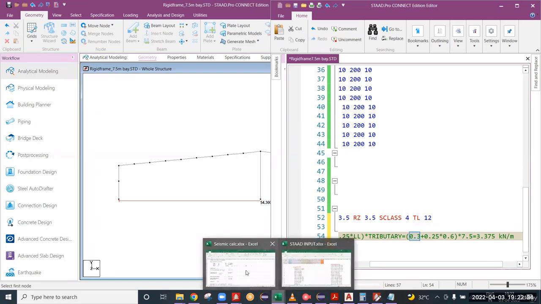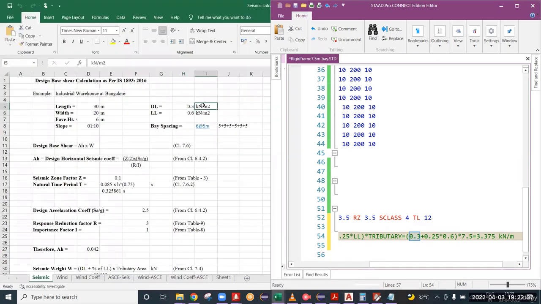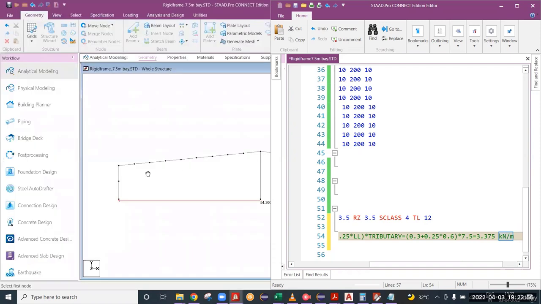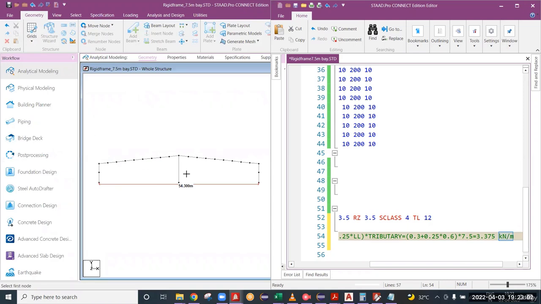Because we are not applying... actually what are the units for this? If you observe in our example, dead load is kilonewton per meter square, live load also kilonewton per meter square; these are areal loads. So kilonewton per meter square into tributary length, meter. What you got is a UDL here. You have to apply this UDL on the rafters, because seismic forces will apply at some particular level from the ground.